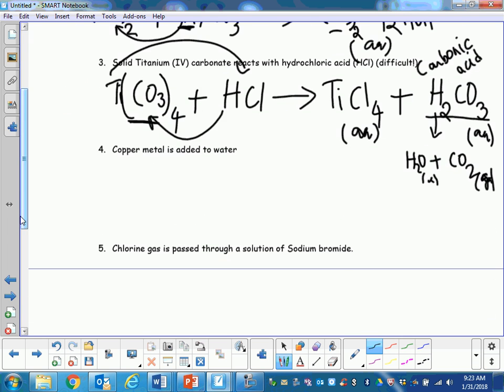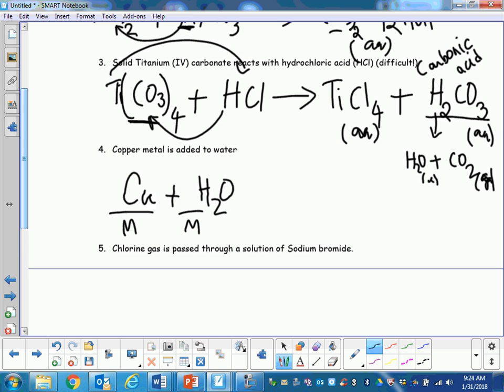It's not balanced. Let's say I add copper to water. Oh, it's so funny to see this. What type of reaction is this? Single replacement. In order to predict if a single replacement reaction will happen, what do you look at? The activity series. So copper is the metal, hydrogen is the metal. Remember that?